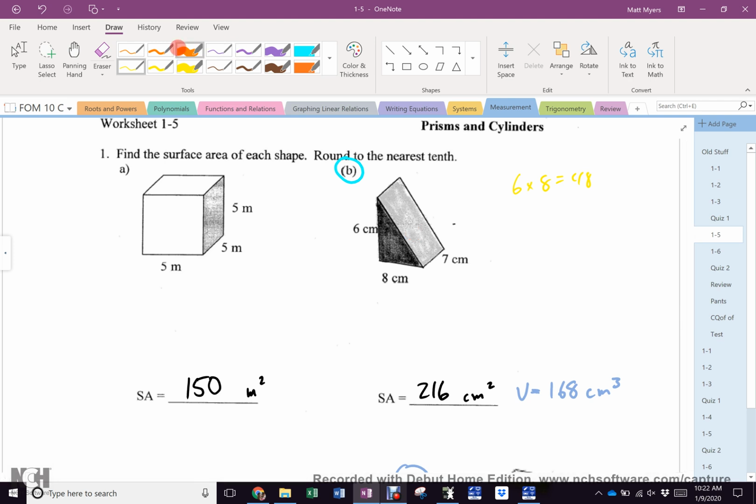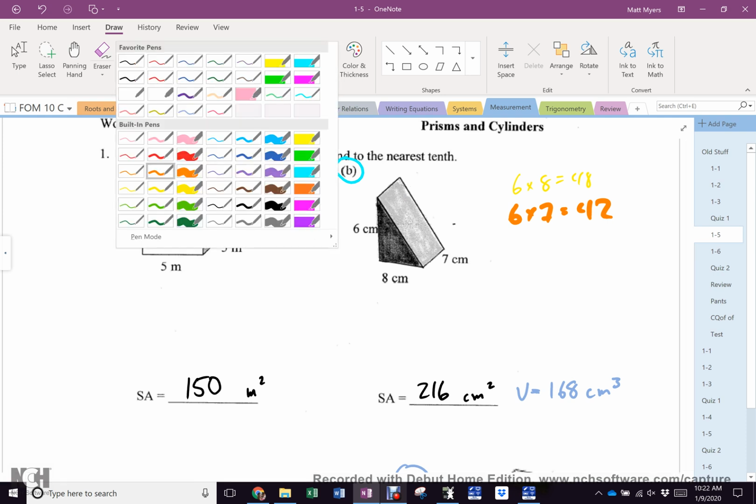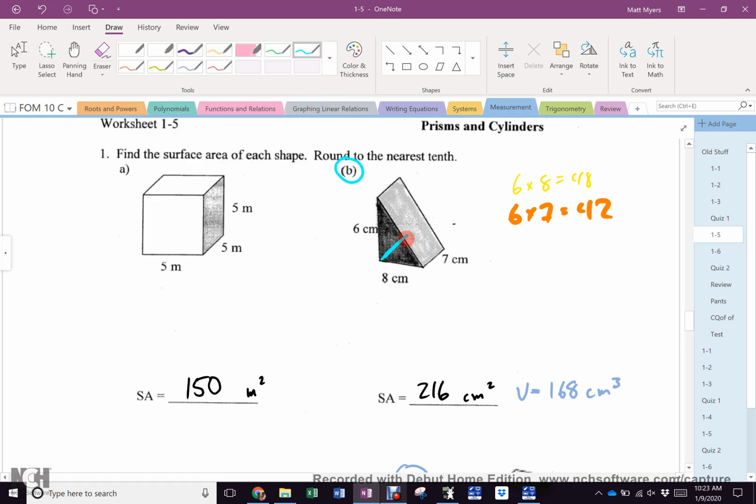Okay. What is that rectangle right there? 6 by 7, which is 42, yes? Okay. What is that rectangle on the bottom? 8 by 7.